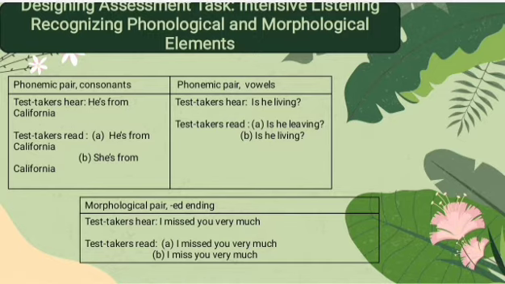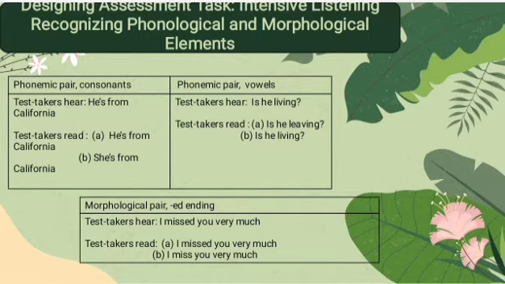The second table is a morphological example with the ed ending. In this morphological pair, the task gives the test taker a little more challenge, with a sentence that has the ed ending. Let's take a look.